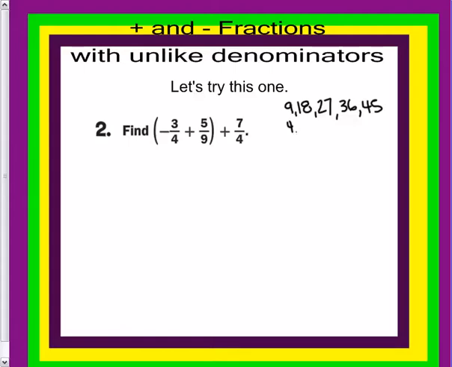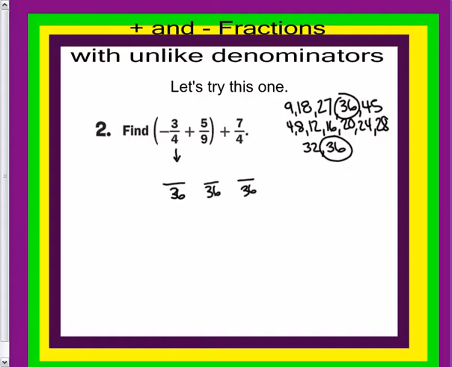If we looked at the 4s: 4, 8, 12, 16, 20, 24, 28, gotta keep going, 32, then we get to 36. Oh, there we go. There's our common denominator. So for the 4ths, we've got to make it a 36, and for the 9s, we've got to make it a 36.